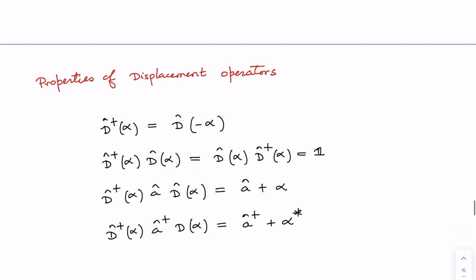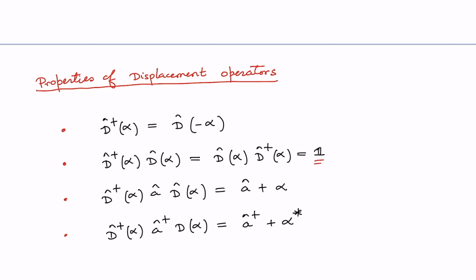Now, this displacement operator has many important properties, and these properties can be very easily proved because you know the form of this displacement operator. Say D dagger(alpha) is equal to D(minus alpha). D dagger(alpha) D(alpha) equal to D(alpha) D dagger(alpha) is going to give you the identity operator.